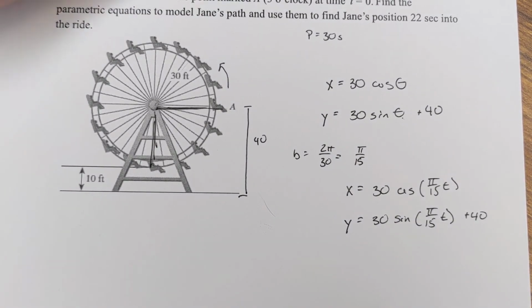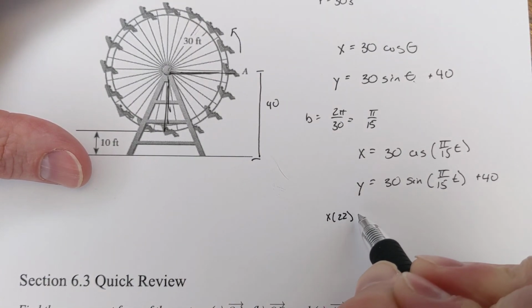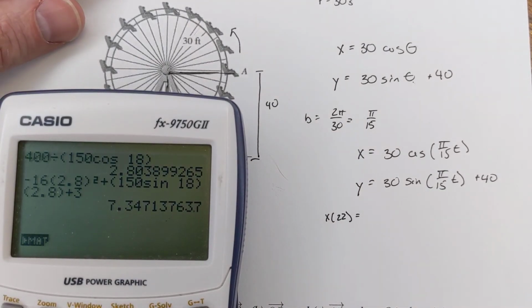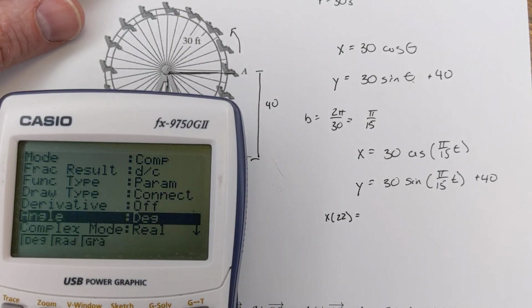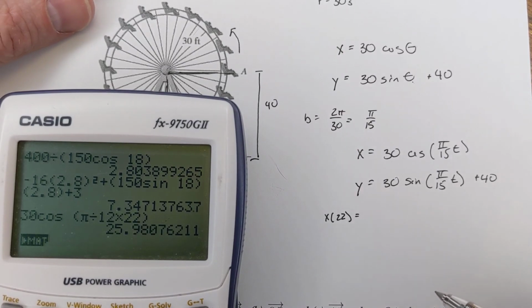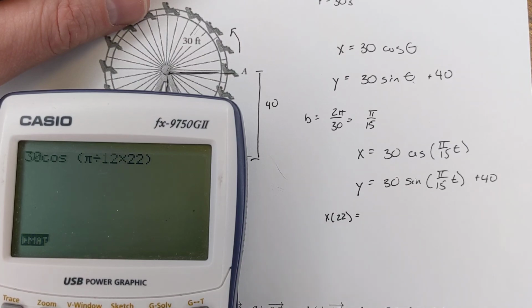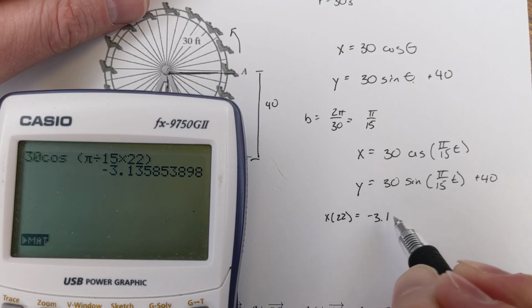And then you can plug your 22 seconds in. So in the x equation, when t is 22, go back to radians here, 30 cosine pi divided by 15 times 22 comes out to be negative 3.1.